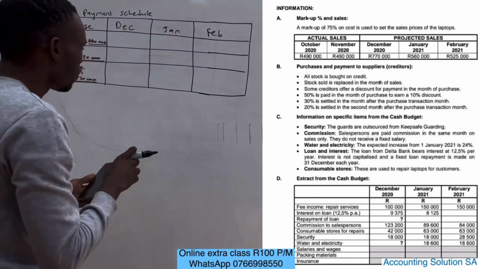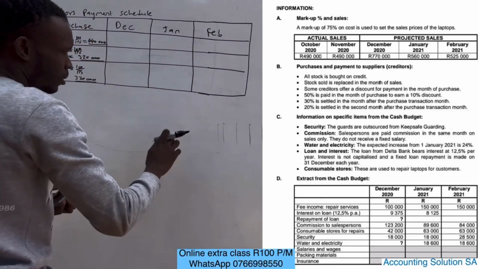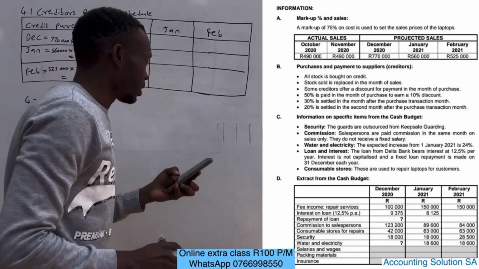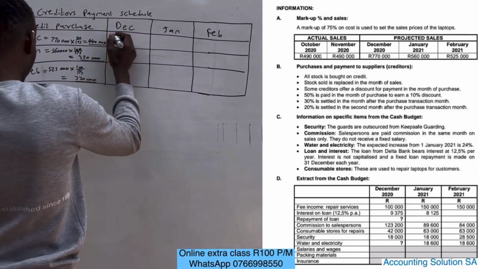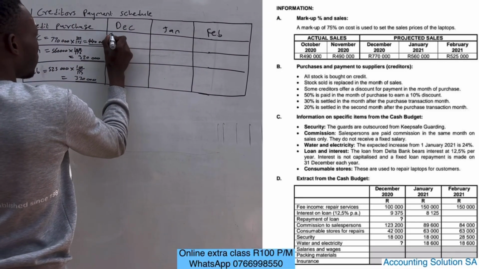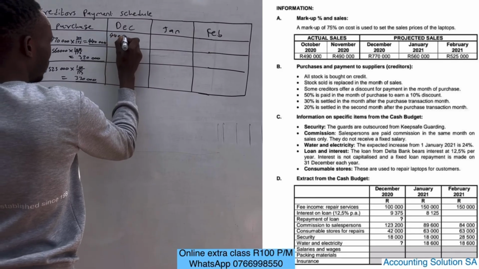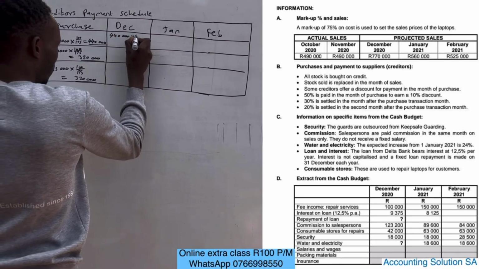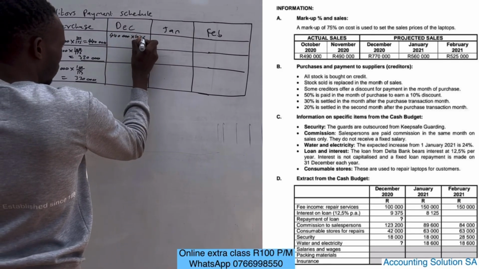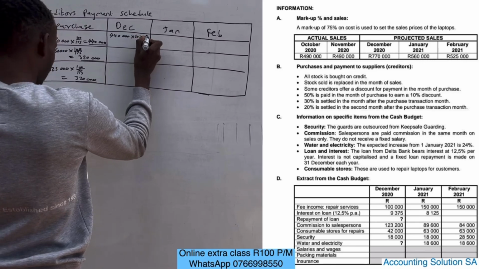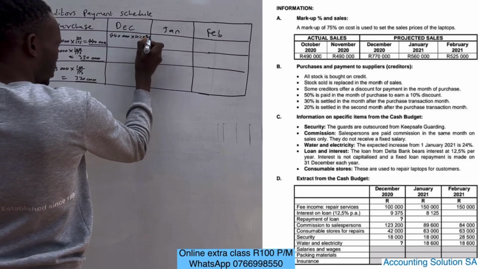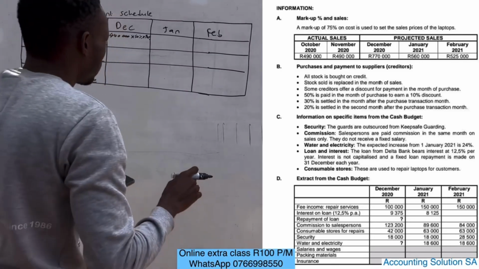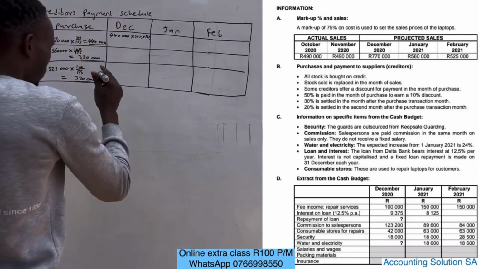Just like that, which means that these three are going to be 50%. Let's calculate. It's going to be 440,000 multiplied by 50% multiplied by 90%. Why 90? Because we have a 10% discount. 100 minus 10 gives us 90.